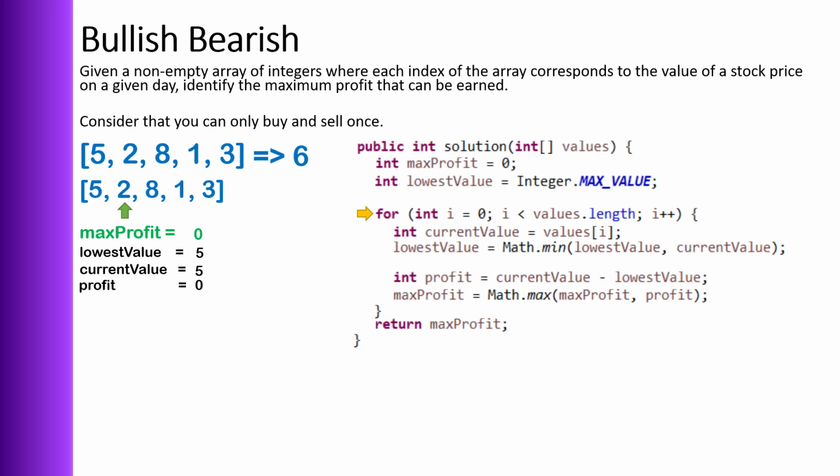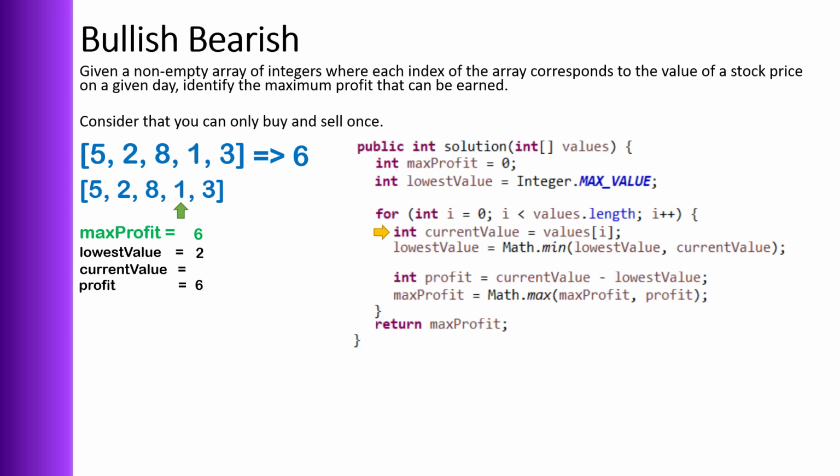Now, let's iterate through the entire array. Now we're checking 2, current value is 2, lowest value is 2, so profit would be 0, max profit is still 0. Third value, 8. Lowest value is 2, profit would be 8 minus 2 is 6, so now max profit is 6. Alright, next value is 1.